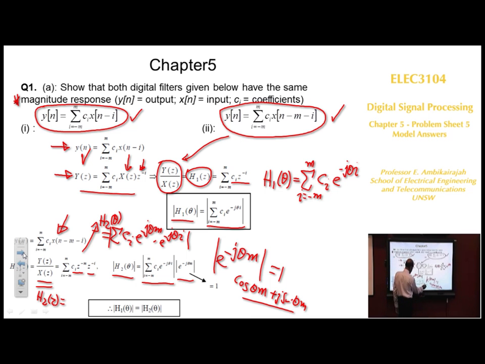So this is 1, therefore you end up with H2 is that one, H1 is this one, and they're exactly the same. So modulus H1(θ) is equal to modulus H2(θ).